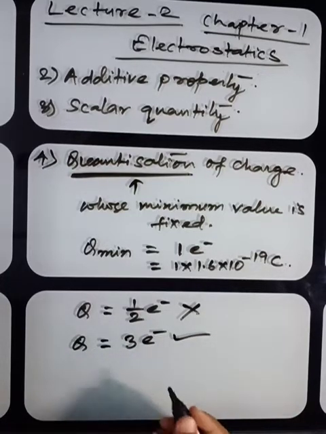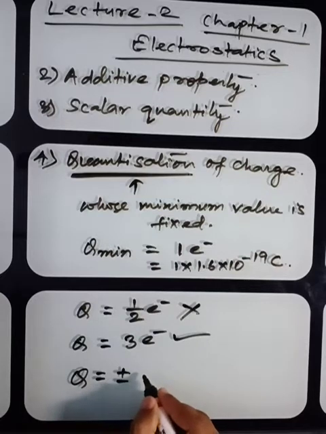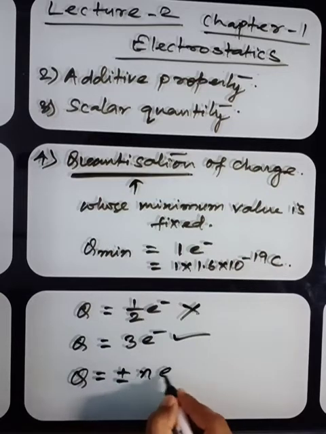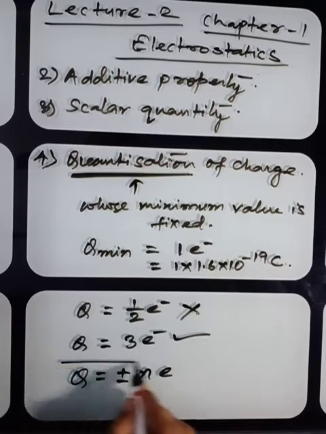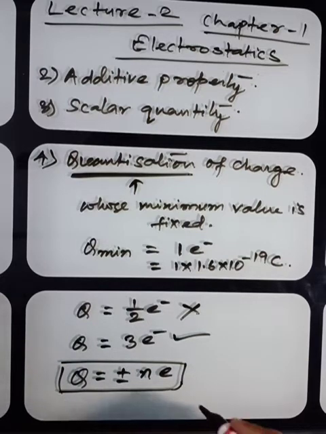It means you will get charge in its integral multiple, as positive or negative integral multiple of charge of the electron as negative and charge of the proton as positive.